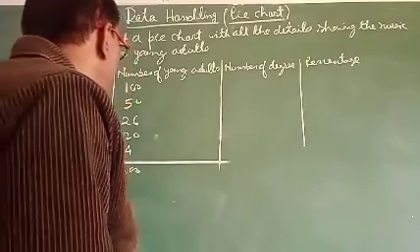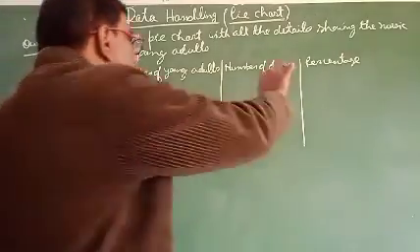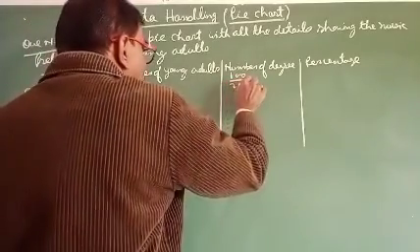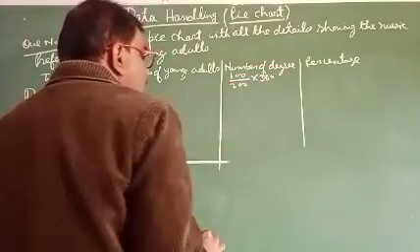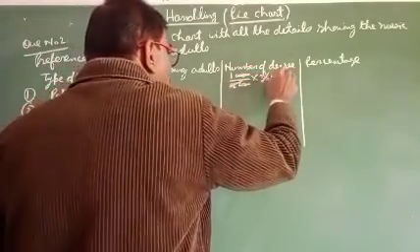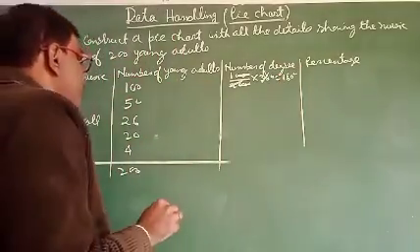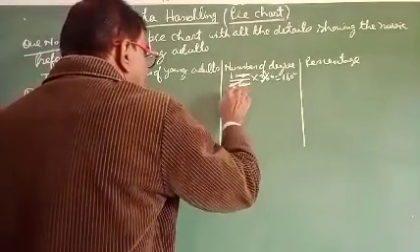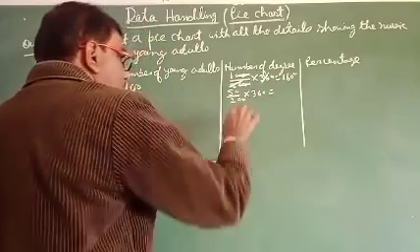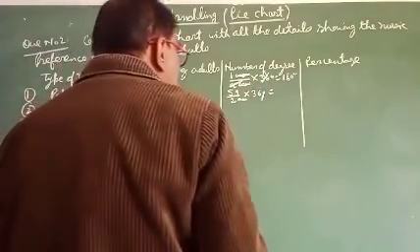How to find it? For pop, 100 upon total 200, multiplied by 360, will be equal to 180 degrees. Therefore, the degree of pop will be 180 degrees. Now, next, 50 by 200 multiplied by 360 degrees, then it will be 90 degrees.